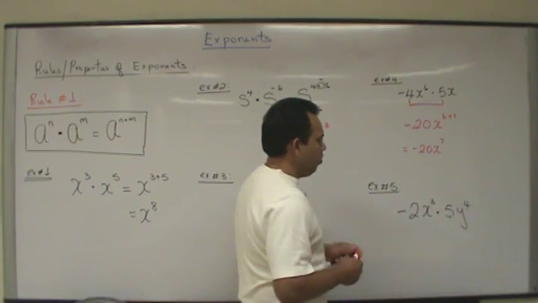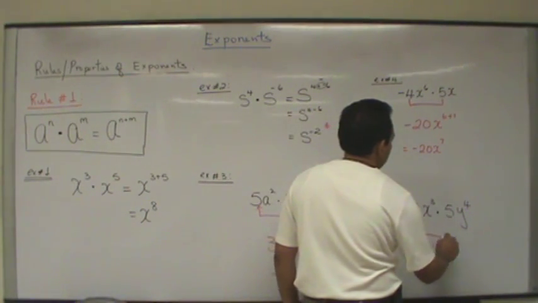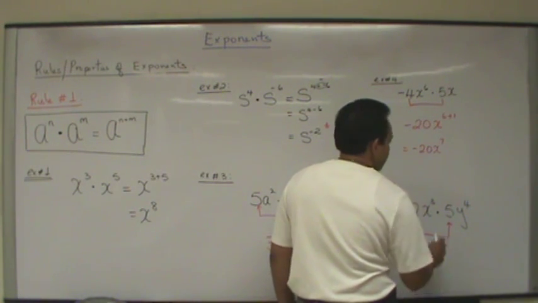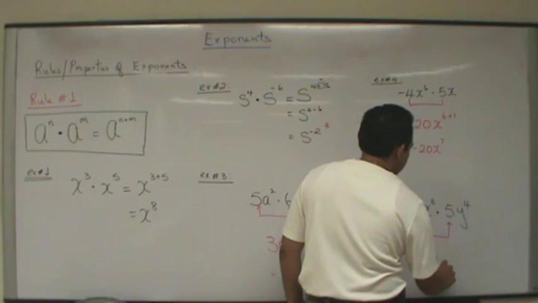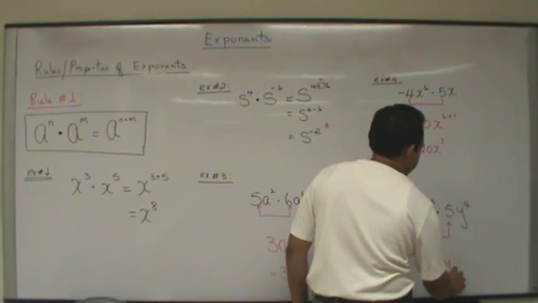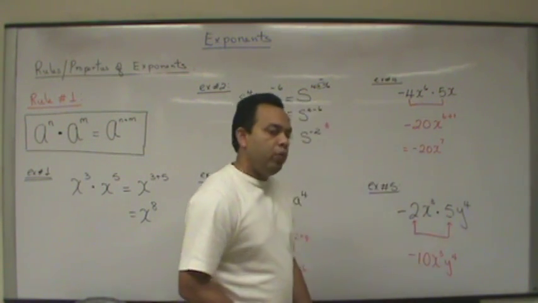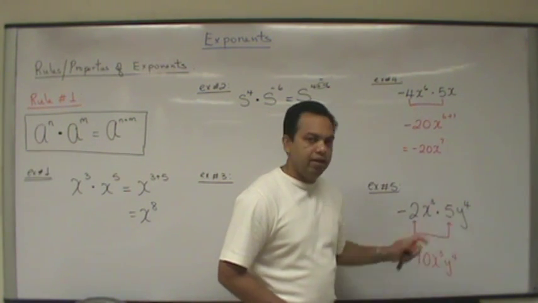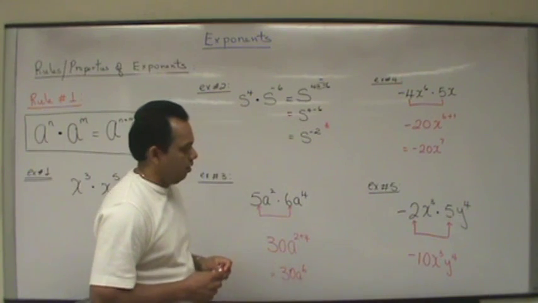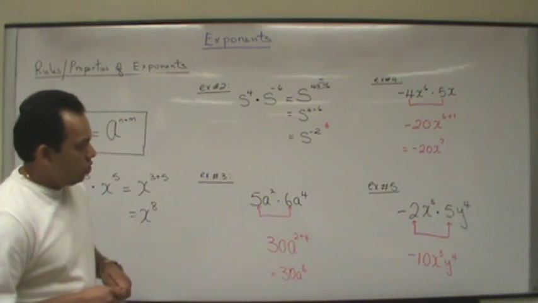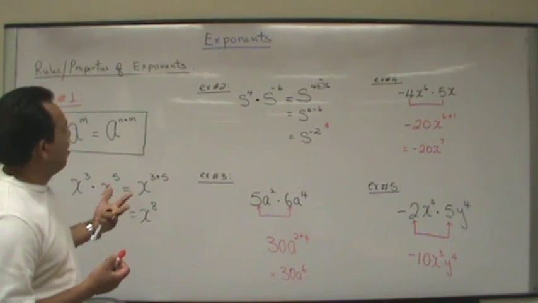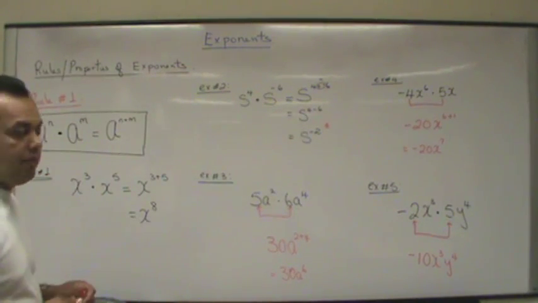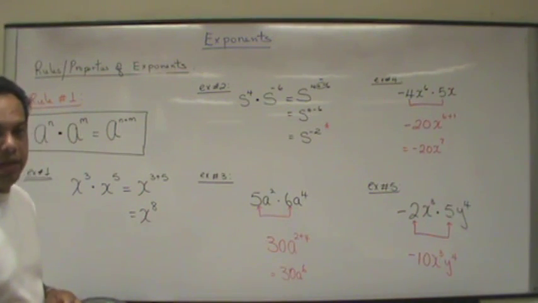The only thing we could do is multiply -2 times 5, and that becomes -10. And since we cannot add them, we just rewrite the base with its corresponding exponent. We cannot add 3 and 4 because the bases are different. So the general rule applies to any problem where the bases are the same, we add the exponents.